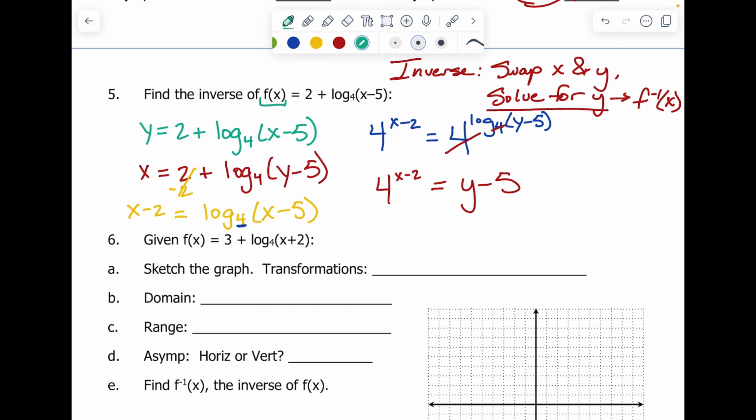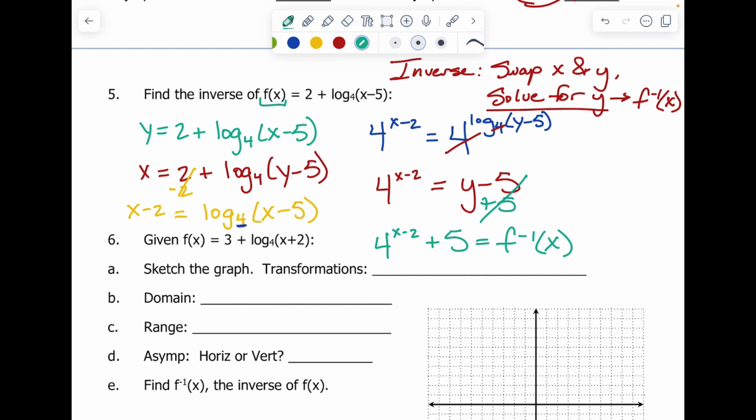So the last thing we need to do is add 5 to both sides. And we would get 4 to the x minus 2, plus 5, equals y. And instead of writing that as a y, we would replace it with the inverse function of f. That would be our inverse.